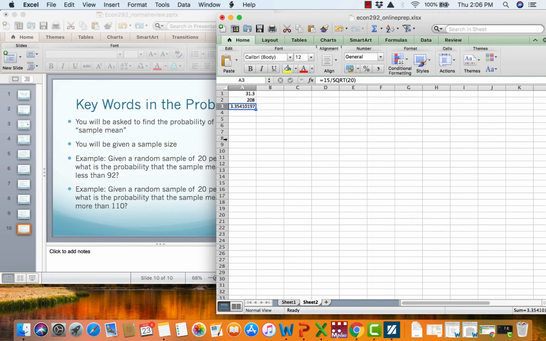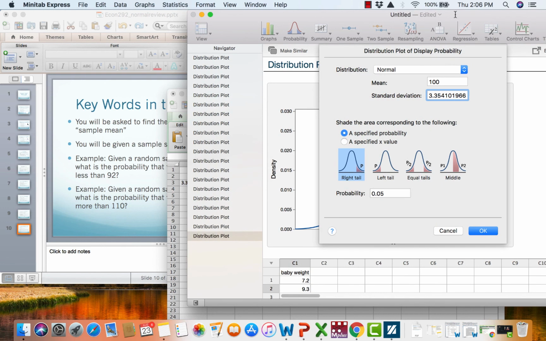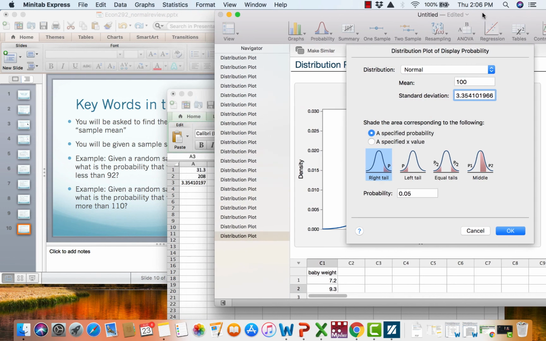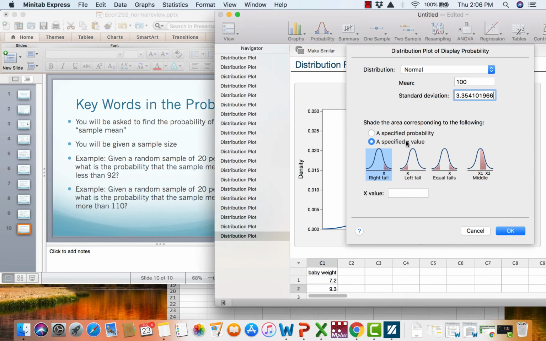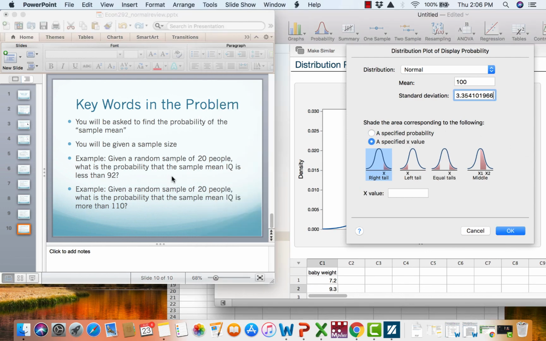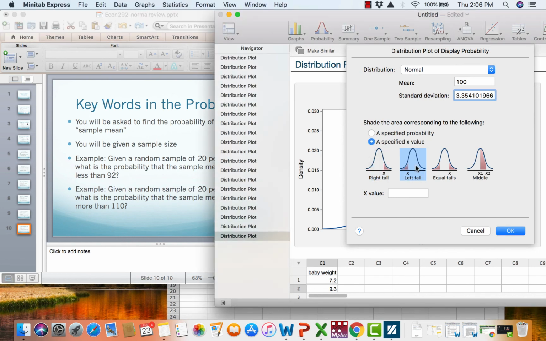I'm just going to copy this and paste that into Minitab Express. We are given an IQ score of 92, so that's an X value. I want the probability that the sample mean, so notice we see our words, sample mean, is less than 92, so I choose left tail and type 92.